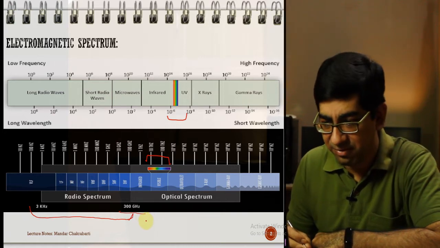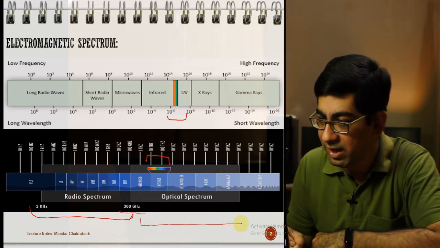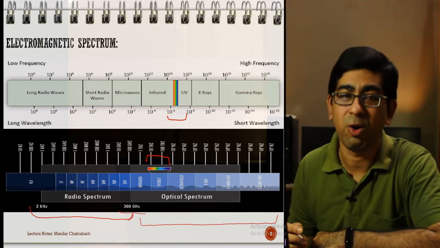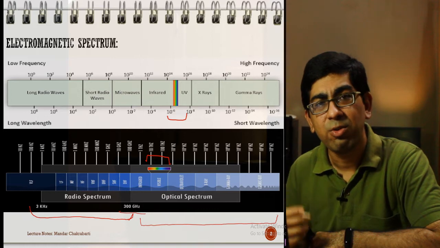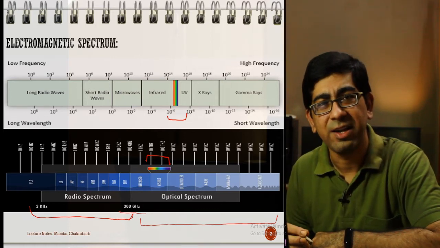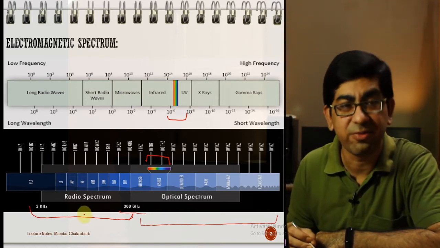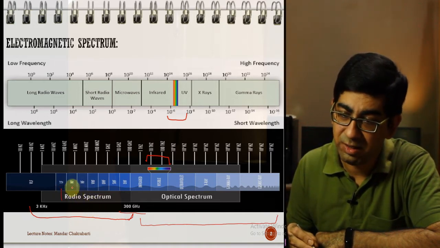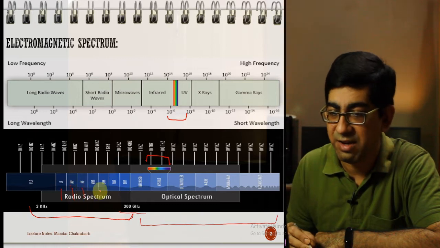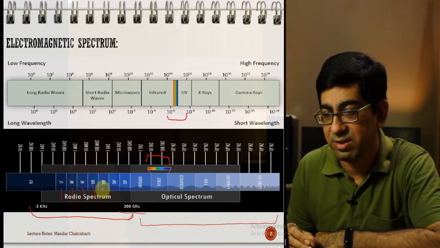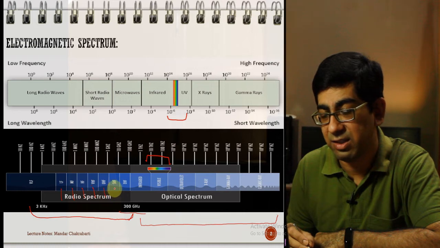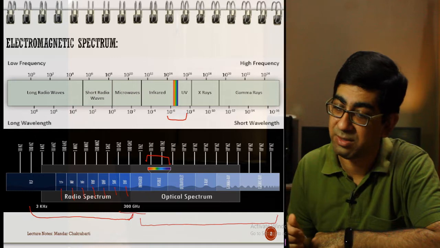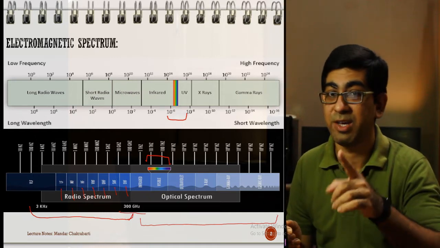The higher half of it, which goes all the way up to the lower exahertz region, is known as the optical region. Now, if you look a little bit more closely at the radio spectrum, you will find that there are further subdivisions in the form of low frequency, medium frequency, high frequency, very high frequency, ultra high frequency, super high frequency, and extremely high frequency. Believe me, I am not making up these names.